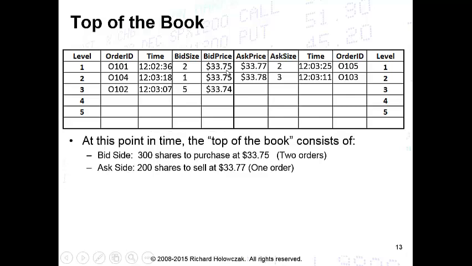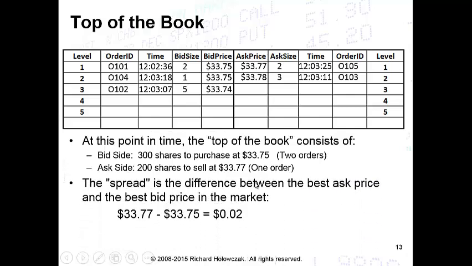And so right now that's the top of the book. The best bid price is $33.75, and there's 300 shares ready to be bought. On the ask side, there's just one order up here, and there's 200 shares ready to be sold at $33.77. And so that's what's considered the top of the book.